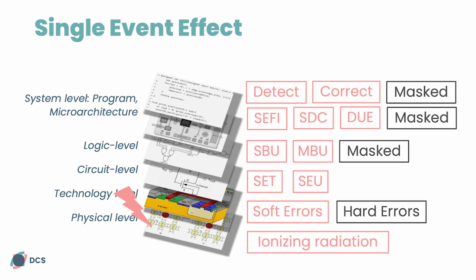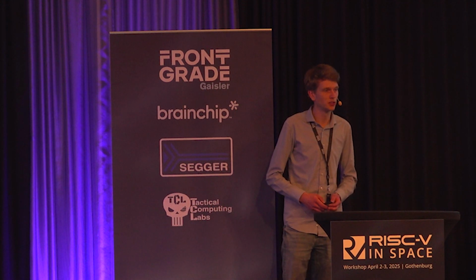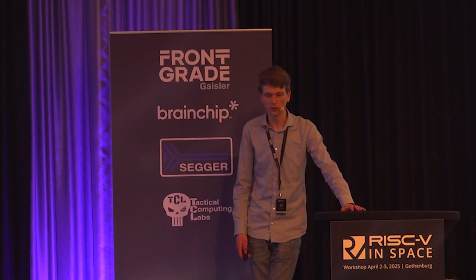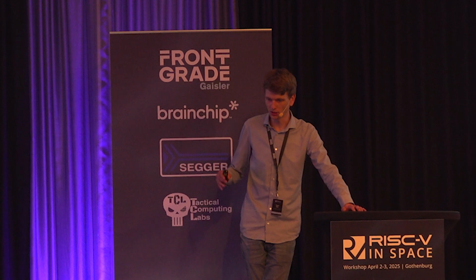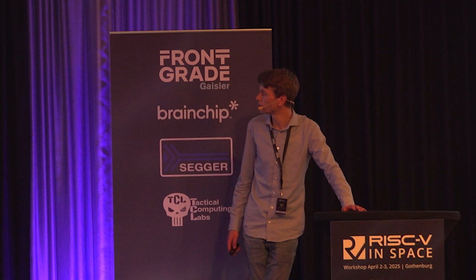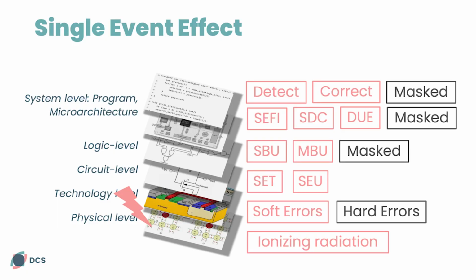Circuit level creates transients and single event upsets, which might or might not be captured into our data bits. And only now this becomes interesting for our system level, because it can create single event functional interrupts, silent data corruptions, detectable unrecoverable errors, which are effects that we can either detect and correct, or this creates a crash in our system.